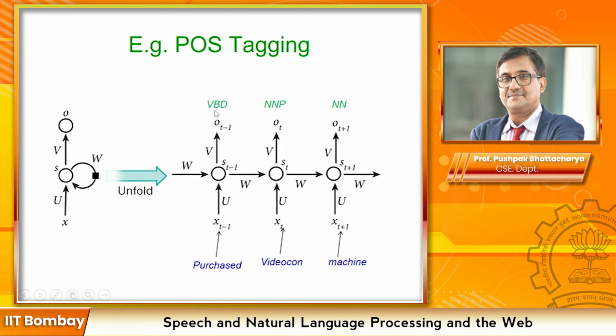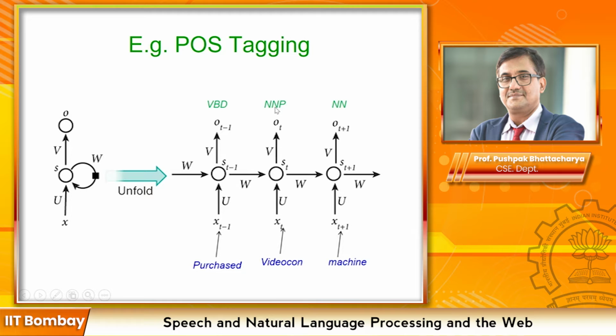So if you make use of Penn POS tag set, then there are about 40 POS tags, and you have to have 40 neurons in the output layer. So for the first word purchased, the neuron corresponding to VBD will have highest probability, other neurons having lower probability.